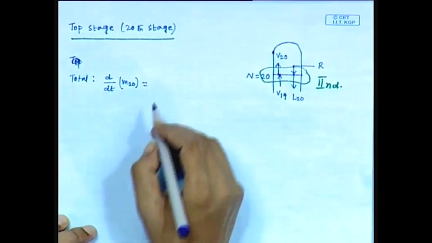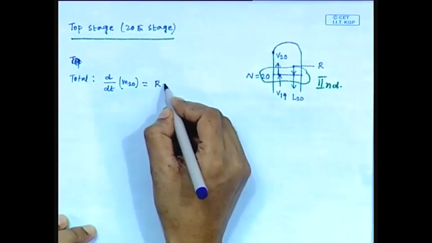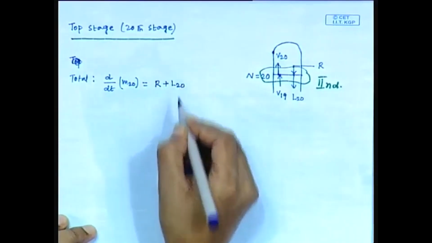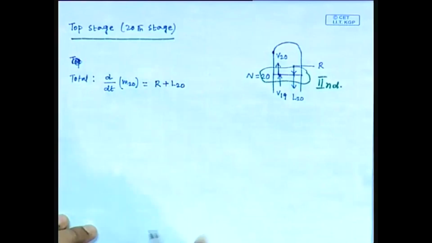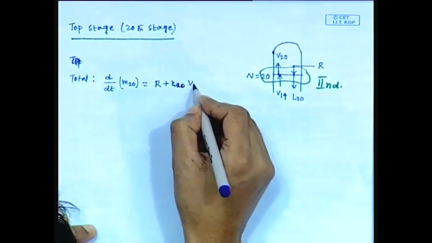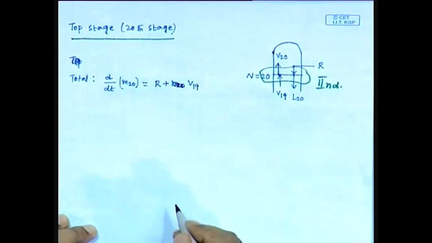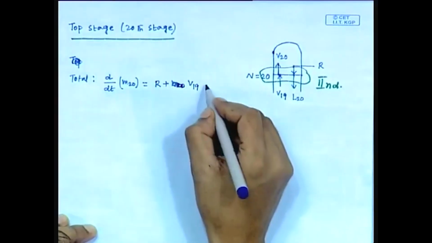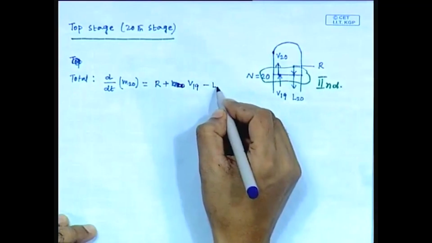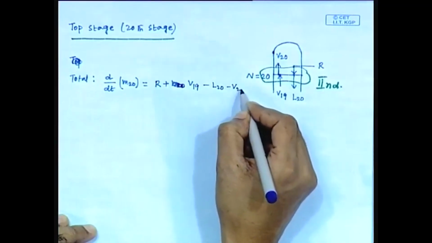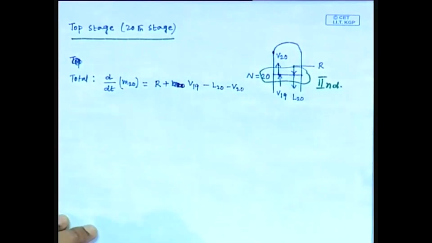What are the input flow rates? One is R, another one is V19, and the outgoing streams are L20 and V20. Input minus output.